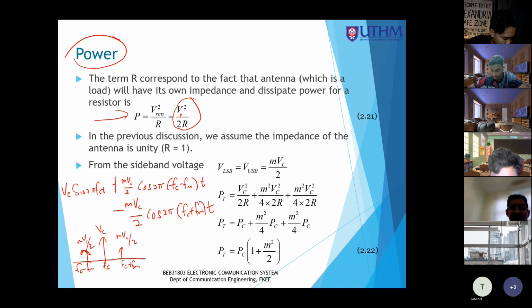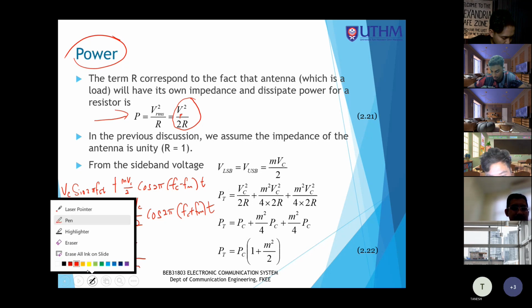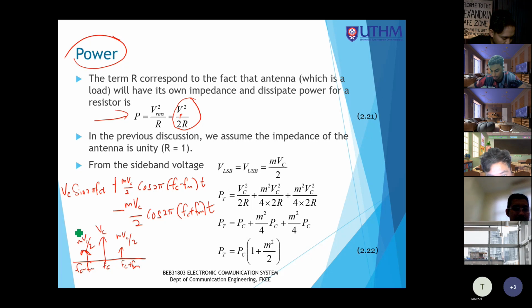So mVc ni you boleh buat sama ada mVc per 2 ataupun Vm per 2, sama aja, no problem. Apabila kita dah mendapatkan full equations, maka barulah kita boleh melukis spektrum dan juga mengira total power.